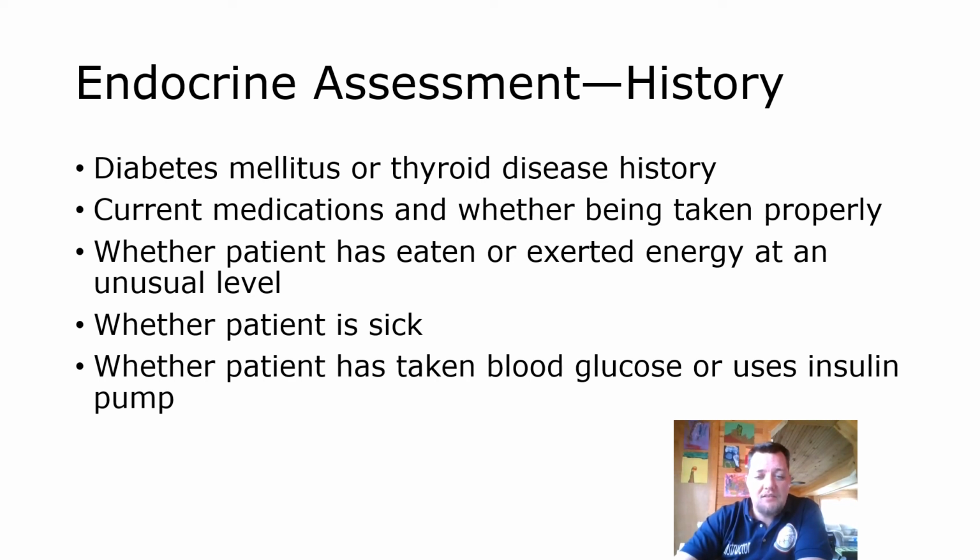Sometimes diabetics are probably the worst on medication compliance, so we just got to make sure that they're taking them correctly and when they're supposed to be taking them. Whether the patient has eaten or exerted energy at an unusual level, and whether or not the patient is sick, and whether or not the patient has taken blood glucose or uses an insulin pump.